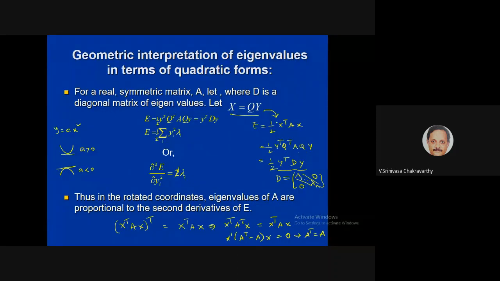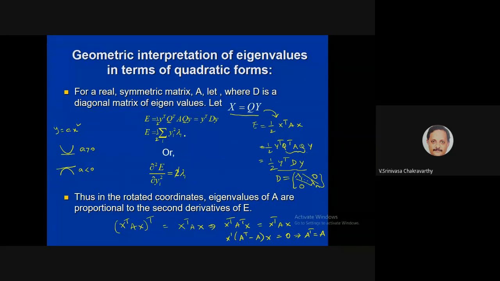So if you substitute this in this expression, E is equal to half of x transpose Ax, and x is equal to Qy. If you plug this in here, you get half of y transpose Q transpose AQy. Now Q transpose AQ is nothing but D, the diagonal matrix of all the eigenvalues. So you get half of y transpose Dy. I can expand this as half of the sum of lambda i times yi square.